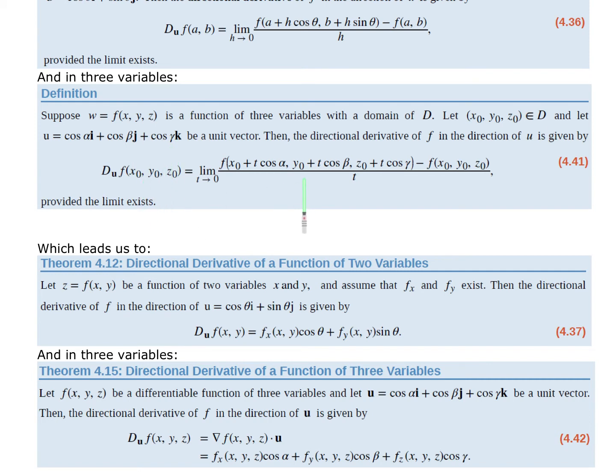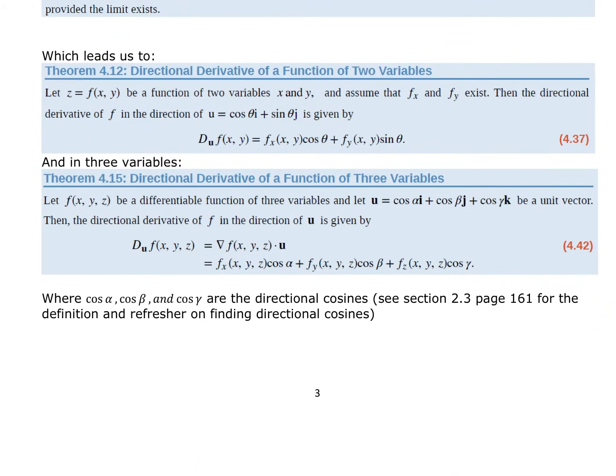And of course, we take the limit. That leads us to the definition of the directional derivative in 2-space, which is defined as the partial derivative with respect to x evaluated at some point (x, y) times the cosine of the angle I'm looking at, plus the partial derivative of my function in the y direction evaluated at the point (x, y) times the sine of theta.